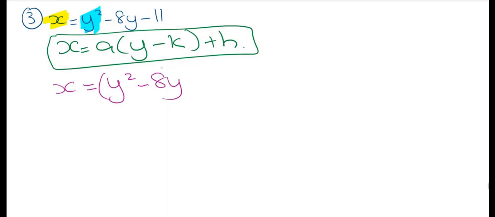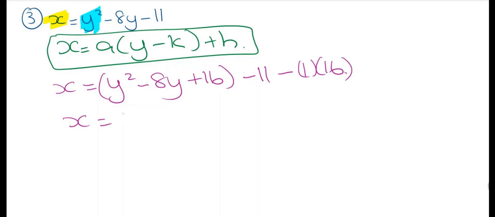So 8 divided by 2 is 4. 4 squared is 16, so I'm going to add 16. Now because I've added 16, I'm going to minus the coefficient of 1 times 16, so that's just minus 1 times 16. I can rewrite now in the form, so we've got (y minus 4) squared, and then is minus 11 minus 16 is minus 27.